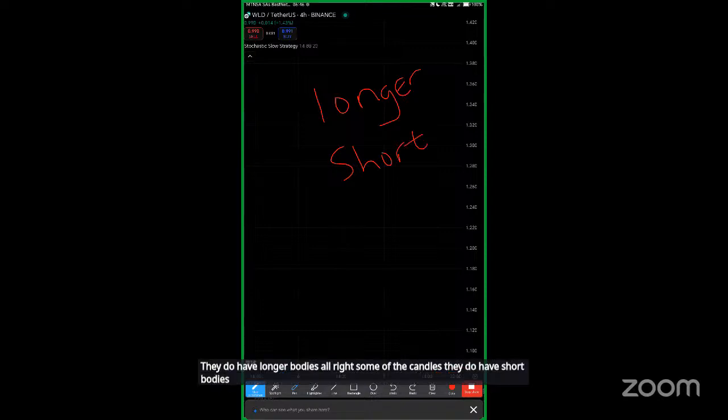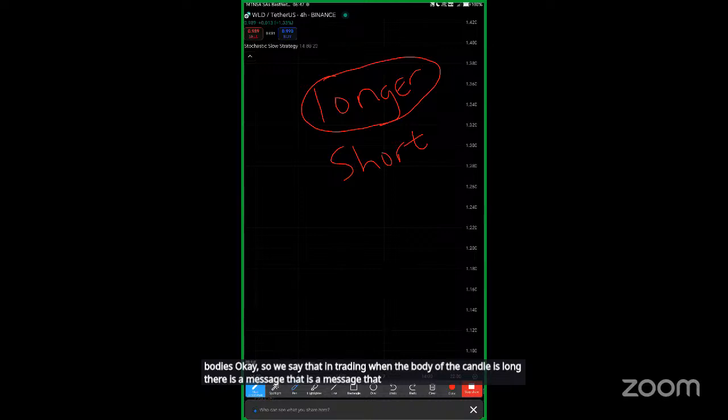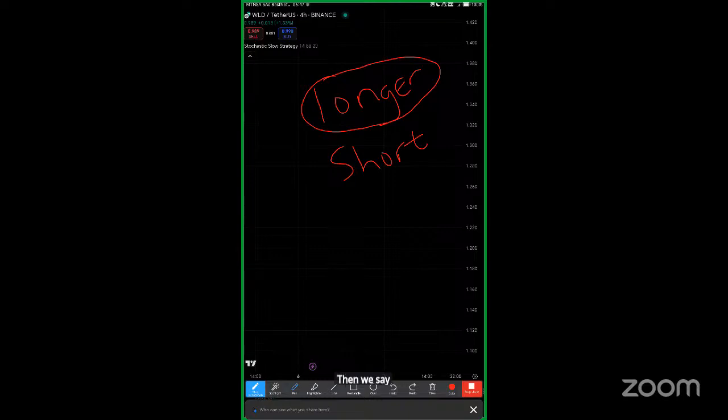In trading, when the body of the candle is long, there is a message that is conveyed to you as a trader. Long bodies tell us that there was a strong pressure in the market.